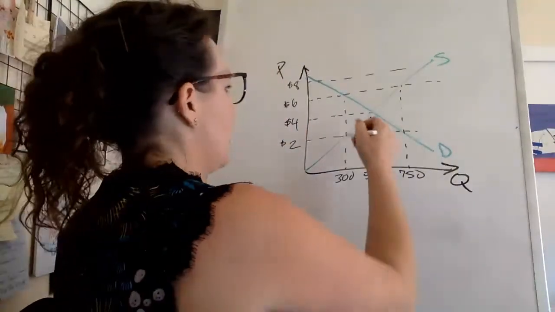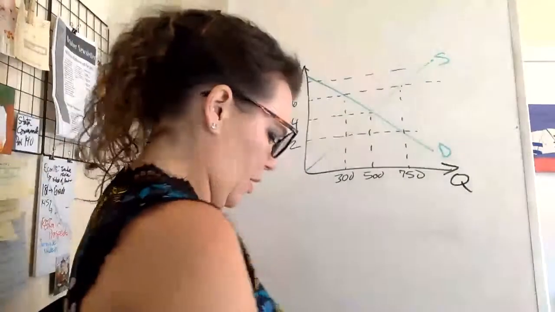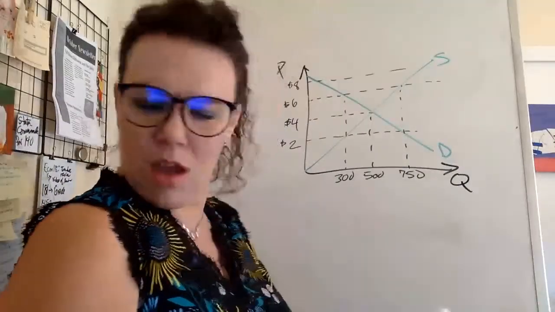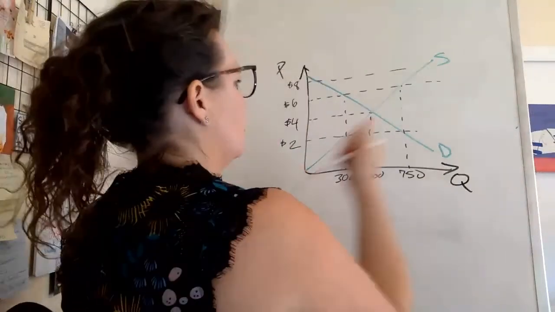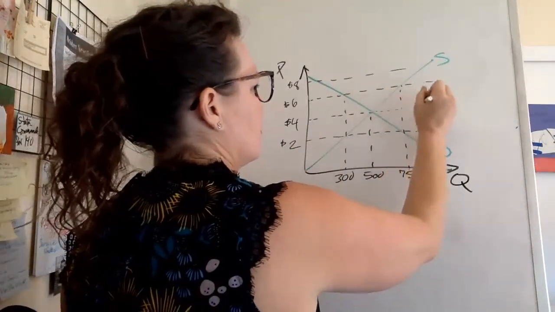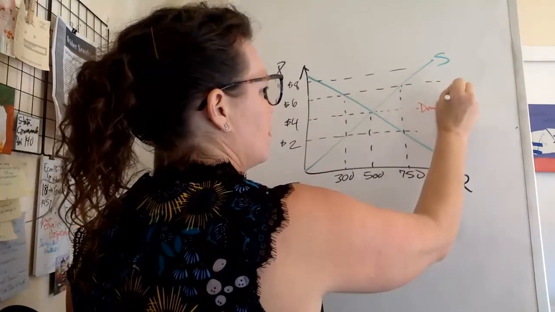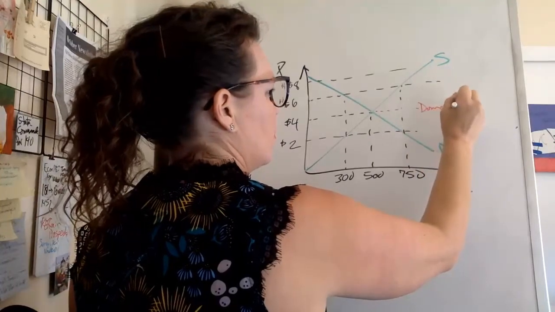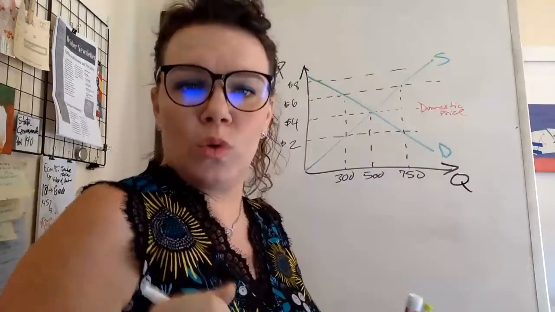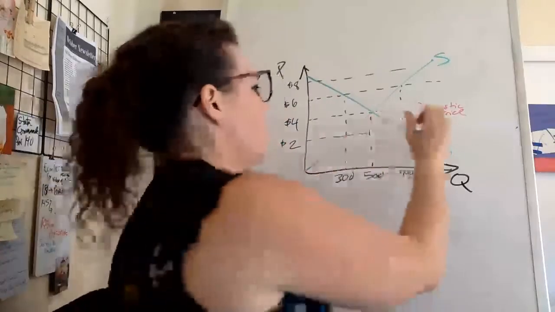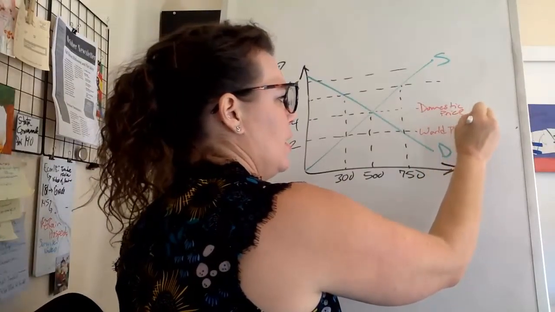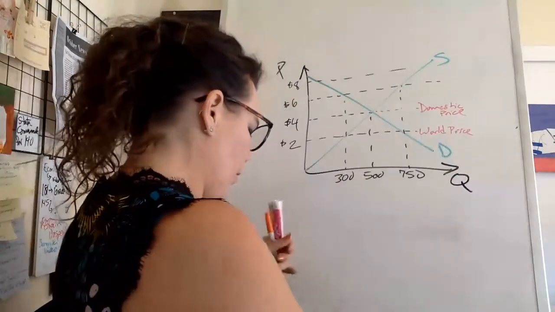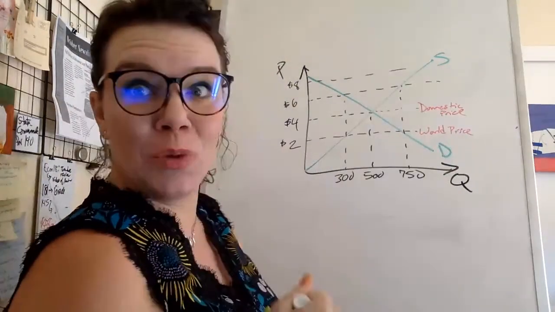So that is the domestic equilibrium of $4, right? If the world price is $2, then we can see the effect of moving from a closed economy to an open economy.